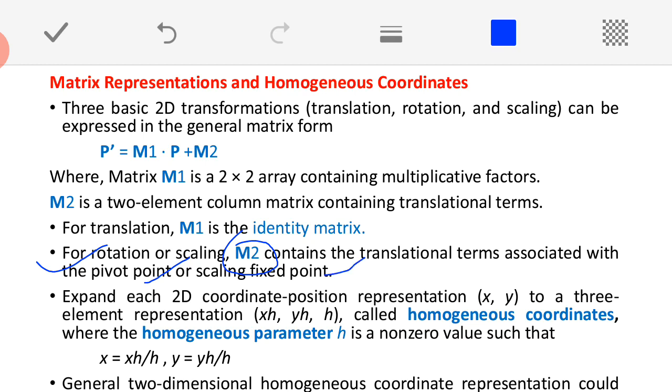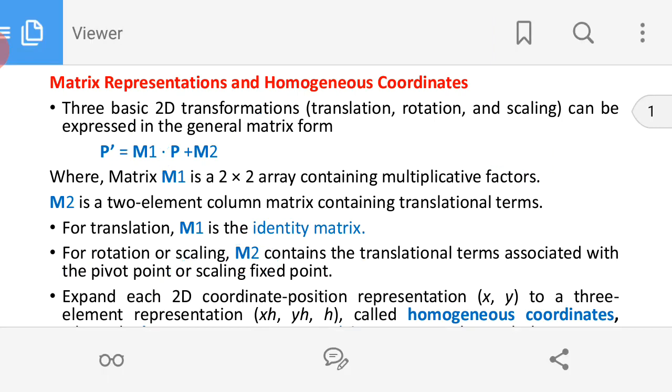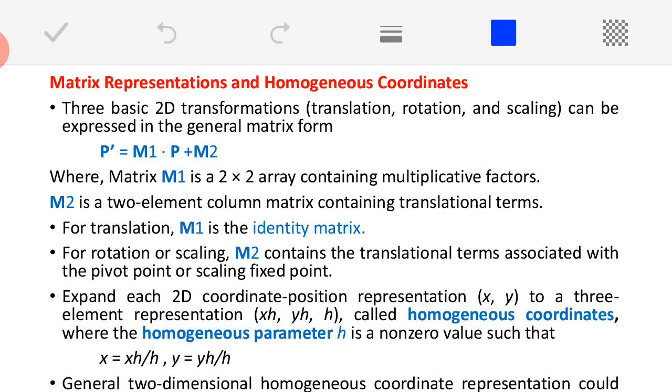Means with respect to the rotation or scaling, whether I am going to perform the rotation with respect to the pivot point or origin or any other fixed point, that information will be stored in this M2. Is it clear? And M1 will always consist of the multiplicative factors. So, anyway here you can observe that in this particular general form we are going to perform every time two operations, one is addition and another one is multiplication.